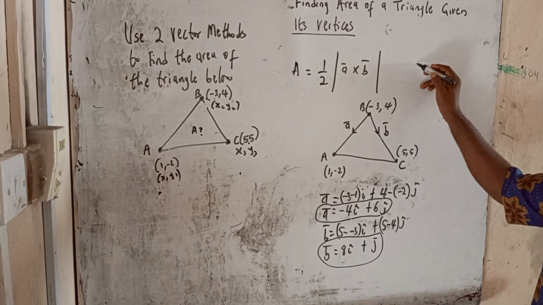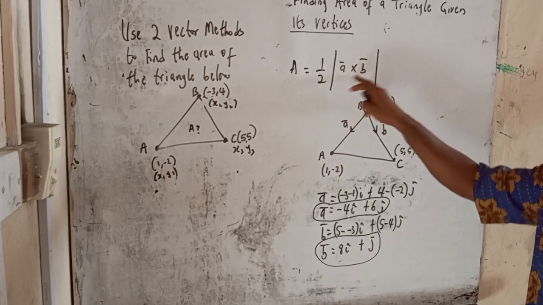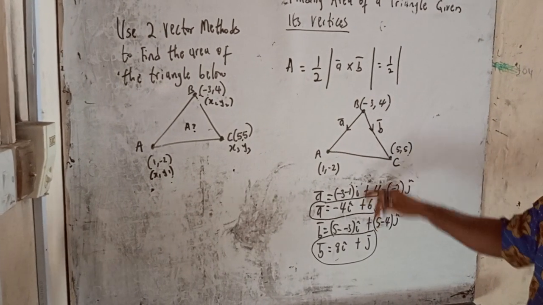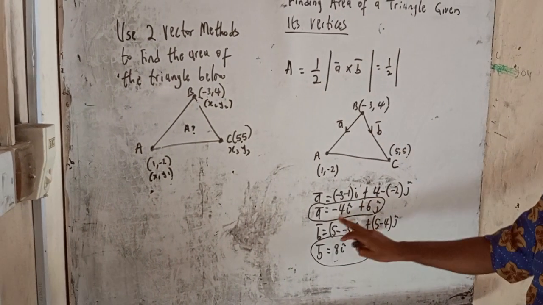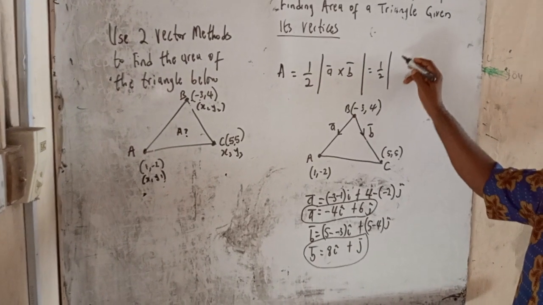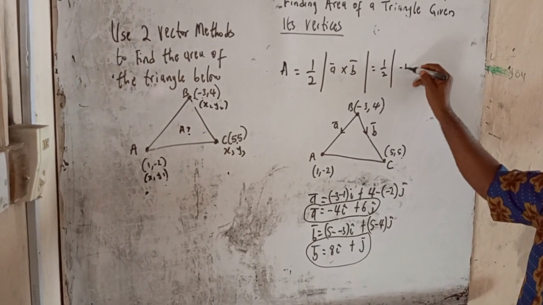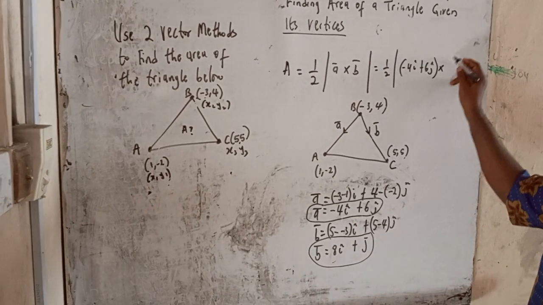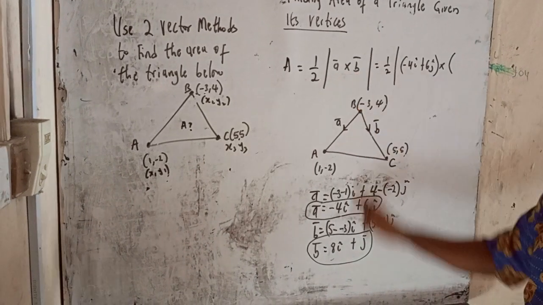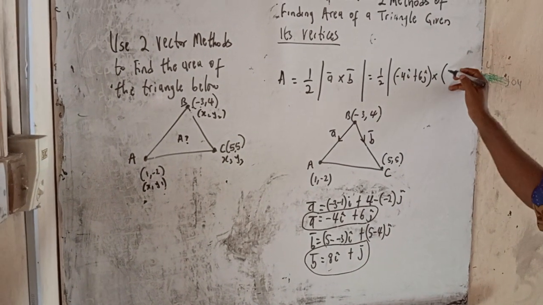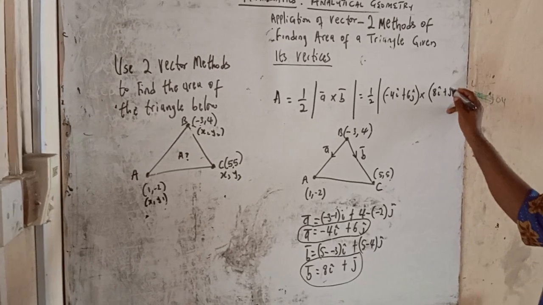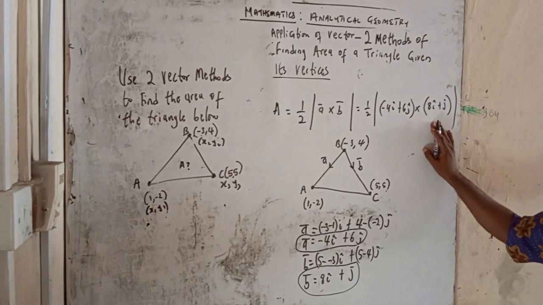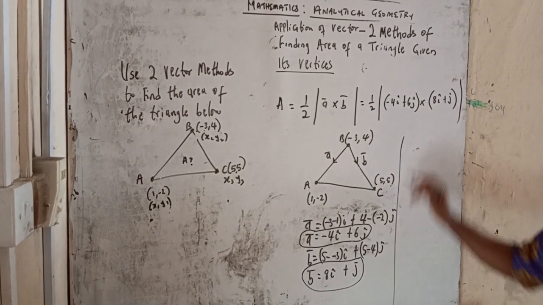So, like I said, the area is half A cross B. So I have it as half, then these two vectors. Instead of writing A, I will write this one. So it's going to be half of the determinant of minus 4i plus 6j being cross multiplied with B, which is 8i plus j. Now, how do we do this cross multiplication? This is how we are going to do it.